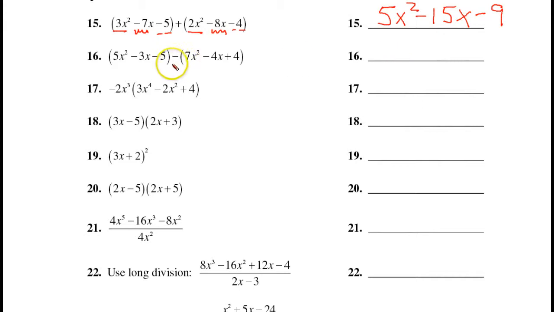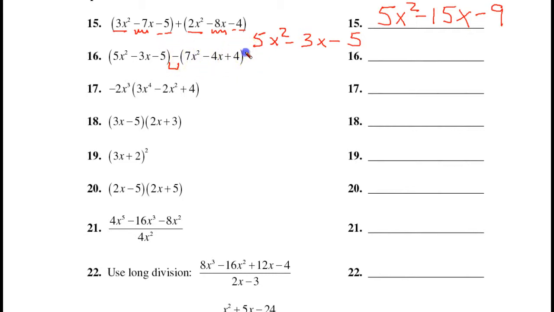Now here's where it gets to be a challenge when you're asked to subtract. Now what I would do here is I'd do my top, 5x squared minus 3x minus 5. Now that doesn't change. This is just taken out of the parenthesis. But when you have a negative in front of a parenthesis, which indicates subtraction, you do so by removing the parentheses and changing each of these to their opposite sign.